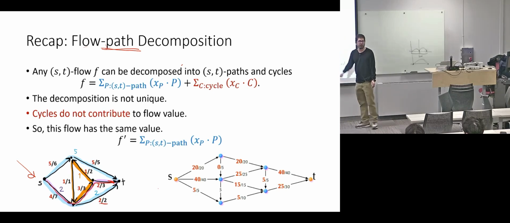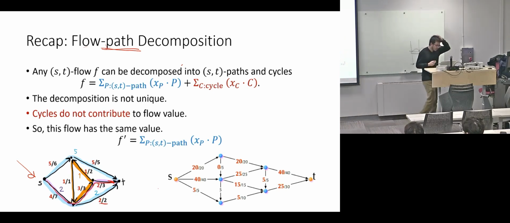Is this a max flow, by the way? No, I think you can put one more unit through. You put it through the 5-6 edge, the 1-1 edge, the 3-3 edge, and then take out the cycle.